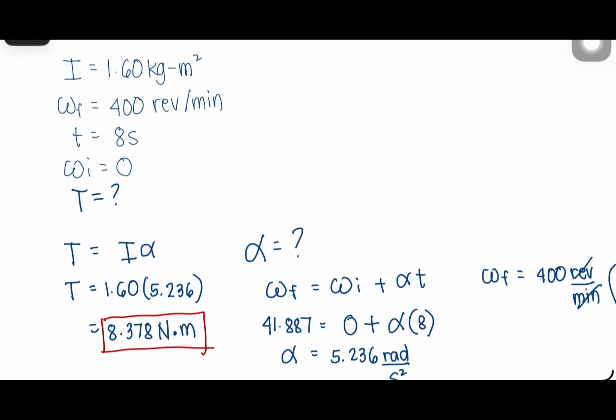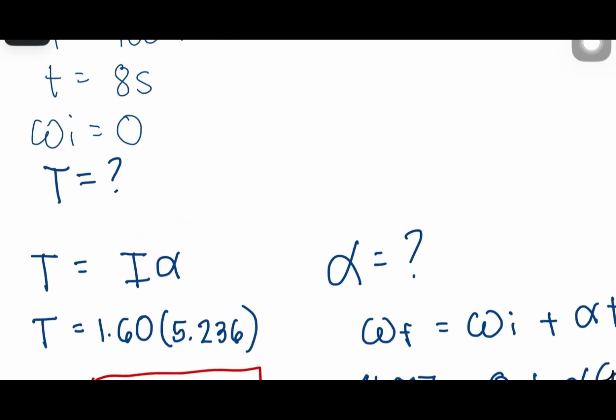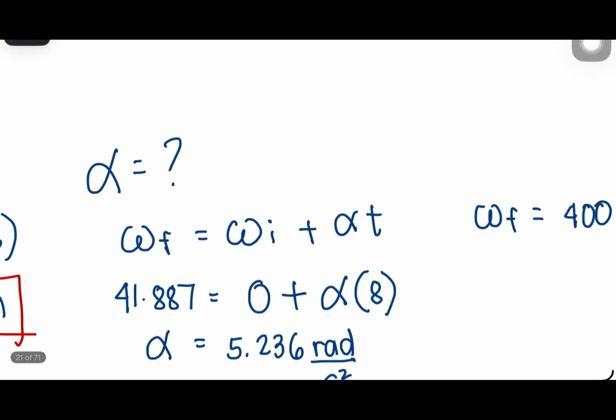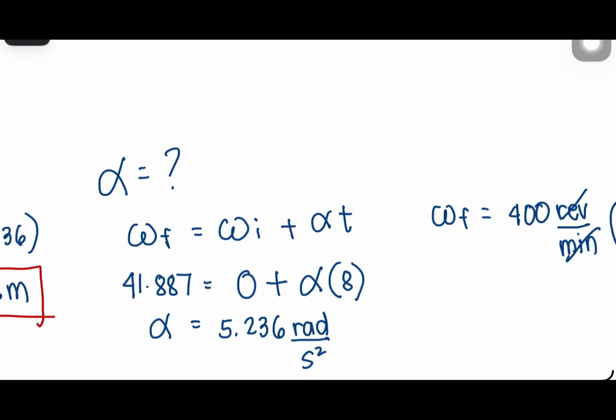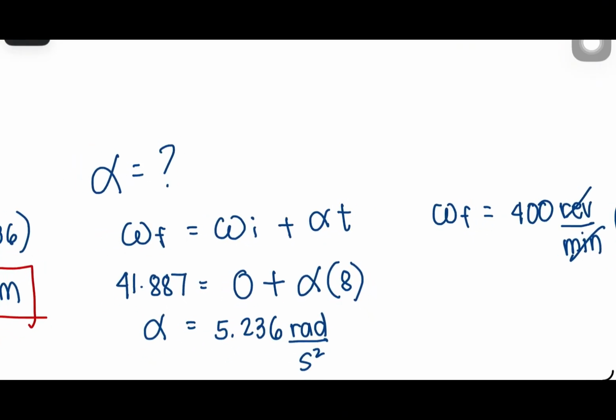Okay, to solve for the torque, ito pa rin yung gagamitin nating equation. Pero bago natin ma-solve yung torque, kailangan munang hanapin yung alpha. So, paano nakuha yung alpha? This is the solution po para makuha yung alpha.